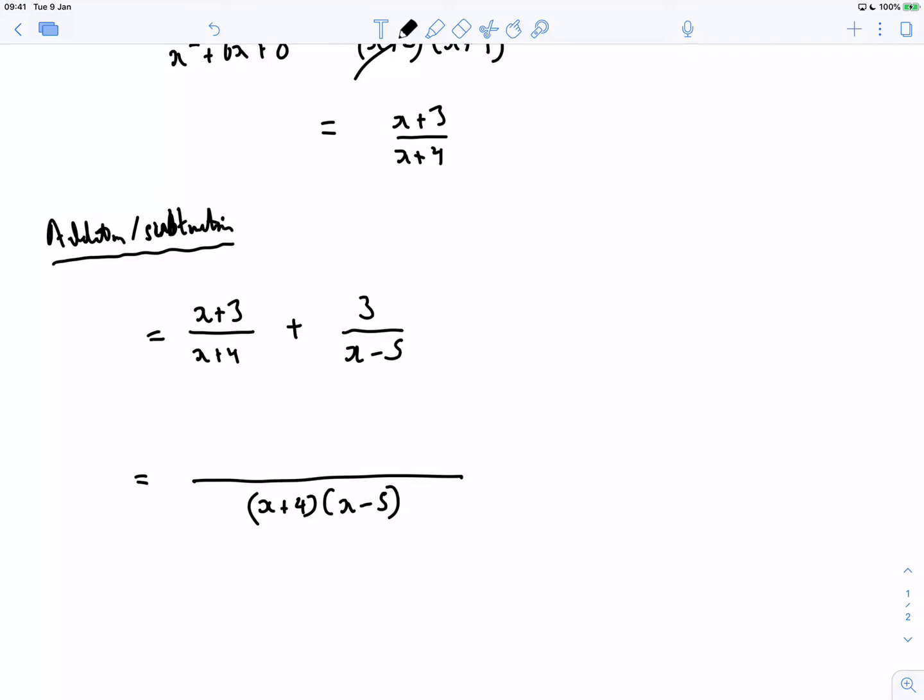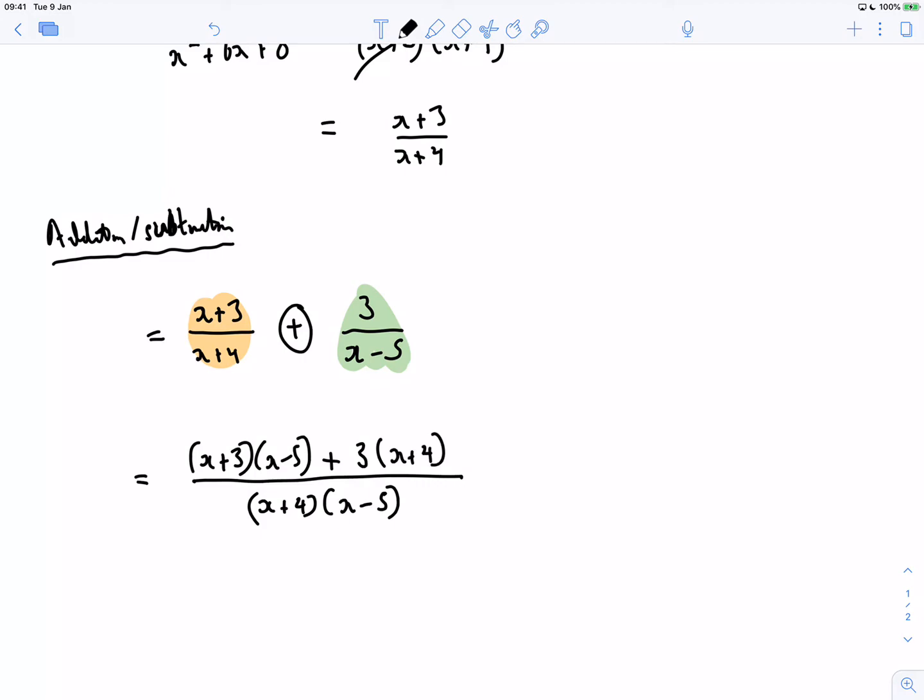And then this fraction is missing the x minus 5, so I need to times the top, x plus 3 times the x minus 5, plus stays the same, and then this fraction is missing the x plus 4 on the bottom, so I've actually got 3 lots of the denominator multiplied across, so it's x plus 4.